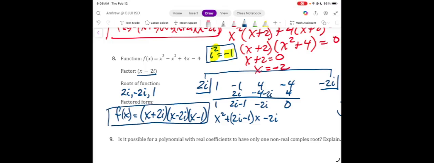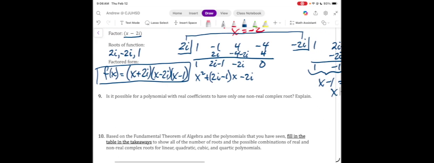So, number 9, is it possible for a polynomial with real coefficients to have only one non-real complex root? So, complex root, that means it's got i in it. Is it possible to have only one answer with i?